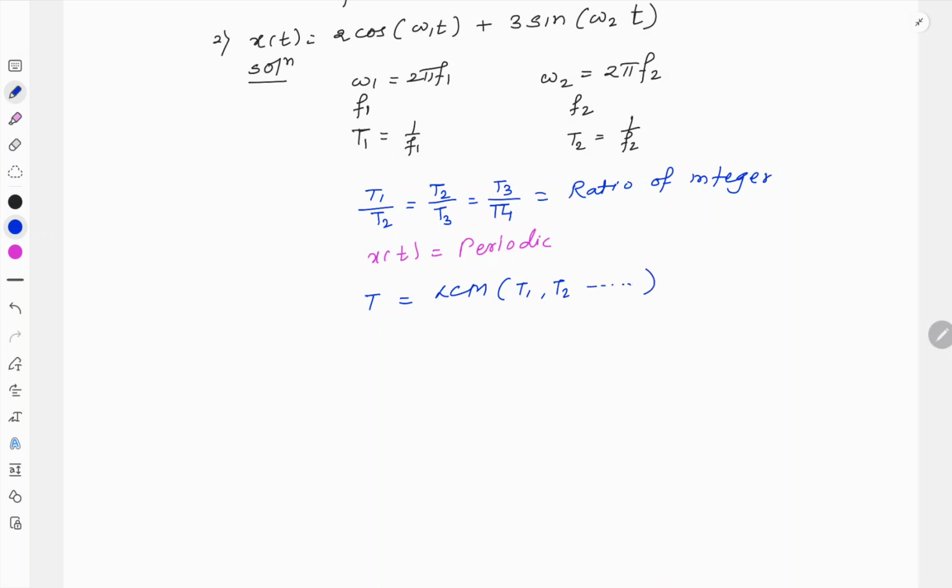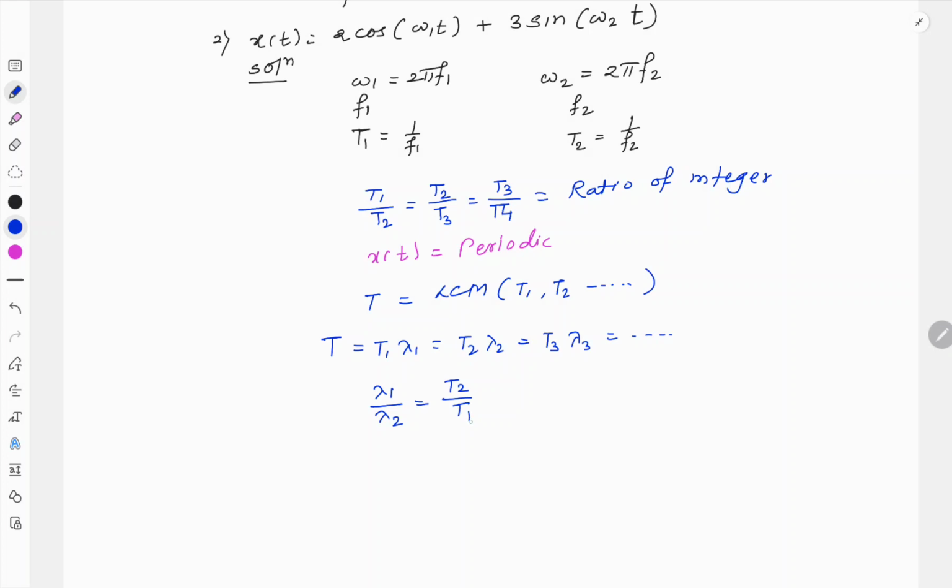There is one simple way to find this LCM. Straight away you have t1 lambda 1 equal to t2 lambda 2 equal to t3 lambda 3 and so on. This will give you the time period T. In order to find it, first find lambda 1 by lambda 2, which will be equal to t2 by t1.